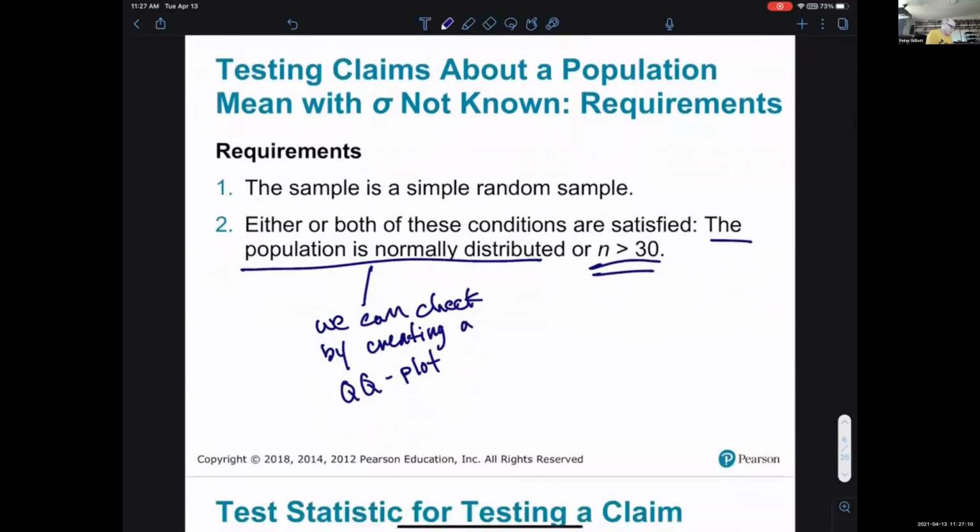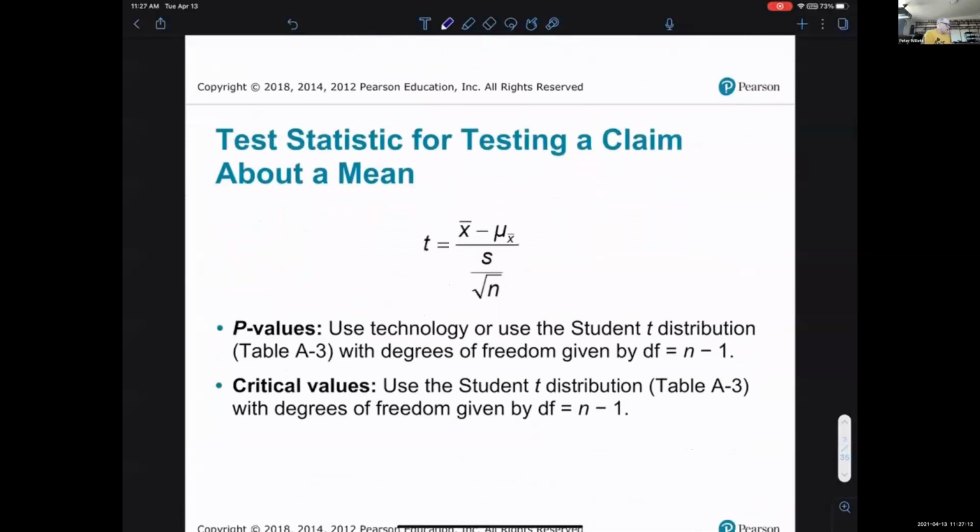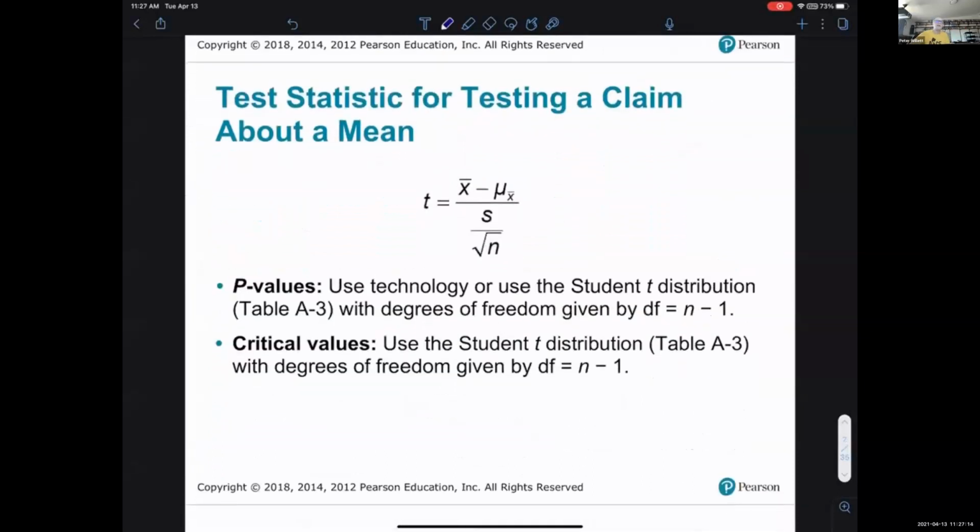Okay. All right, so then they're giving us the formula for calculating a test statistic for a t-distribution. Again, you can use the formula for a particular value, but in general, we will just rely on StatCrunch to do that for us. And usually we want to look for the p-value.